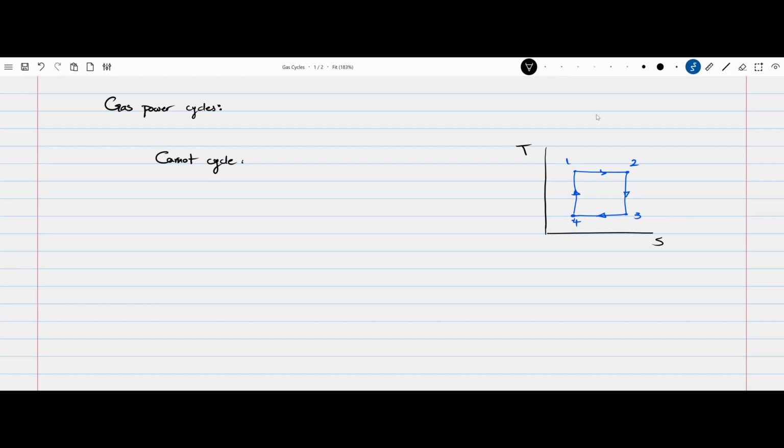But the issue is that the Carnot cycle, while being very useful for understanding the physics behind a power cycle, is not really practical. To understand that, let's focus on the heat addition process.